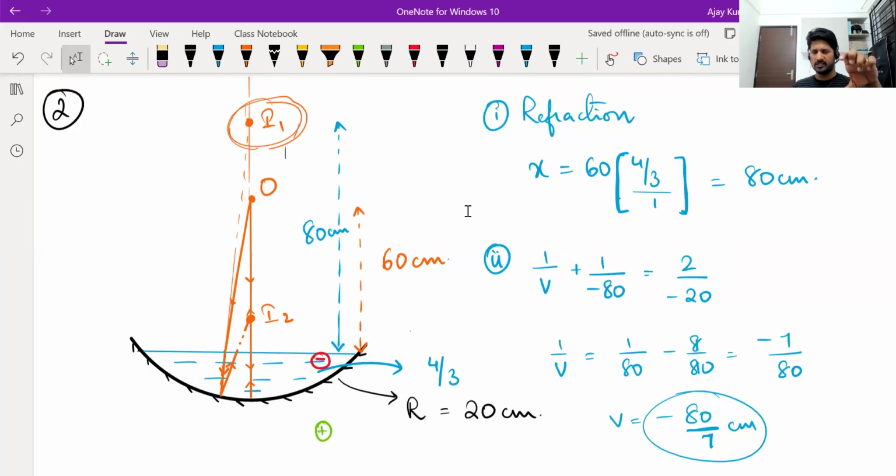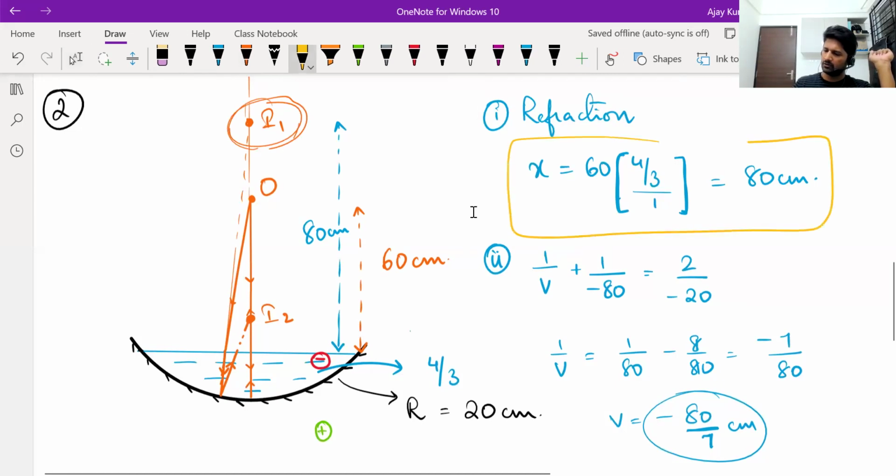O is the original object. Refraction is happening at the water surface, which is flat. So we used apparent height formula to find out where I1 forms, first image after refraction. Is this part clear? Yes, sir. I1 forms at 80 centimeters from the water surface.